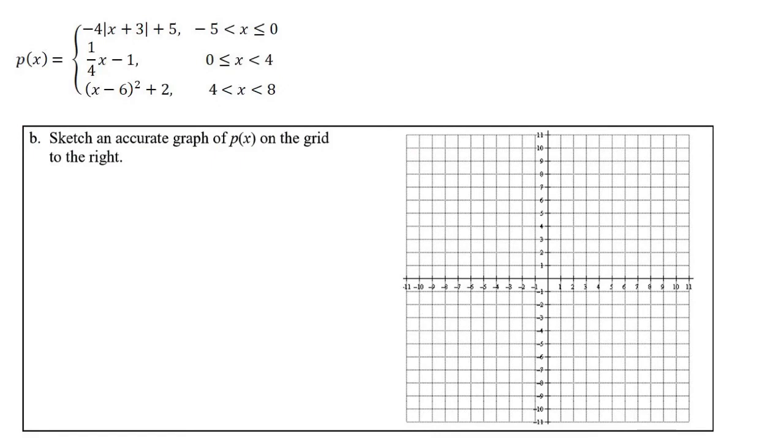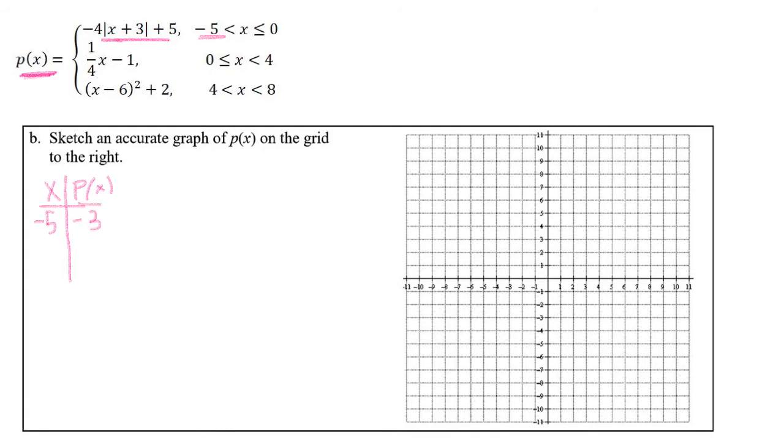Okay, for the next part of your free response, you were asked to sketch P of x. So we've got to sketch this piecewise function. So let's take the first part, and I would do a t-chart. So we have x, we have P at x, and now let's look at the first endpoint. I know x can't be equal to, so here when we sketch that point, we will do an open circle, and when we plug in -5 right here to that part and work it out, you should get -3.